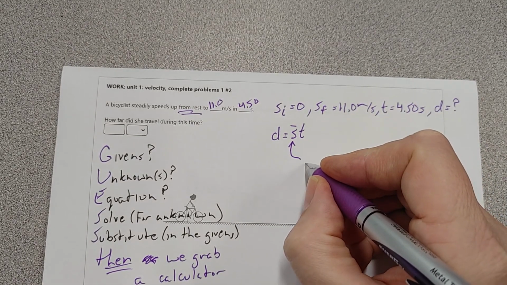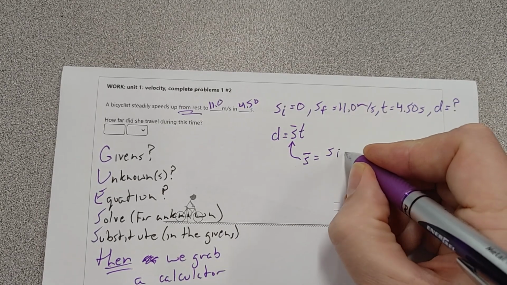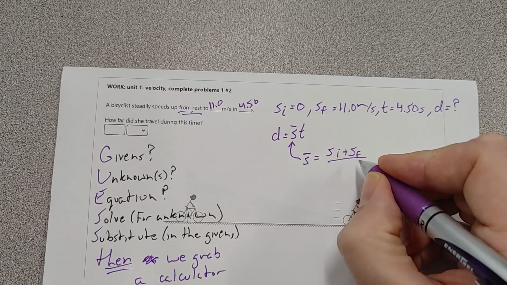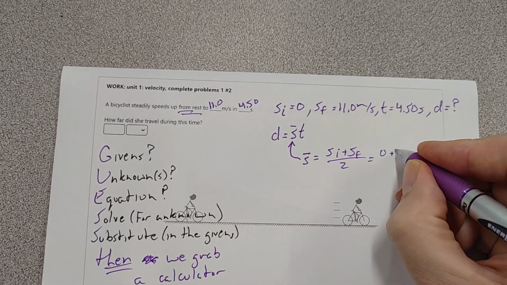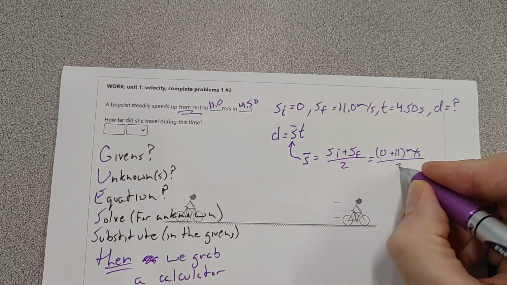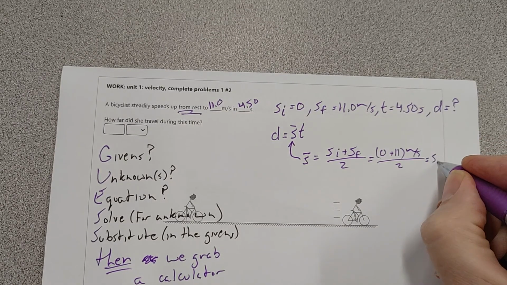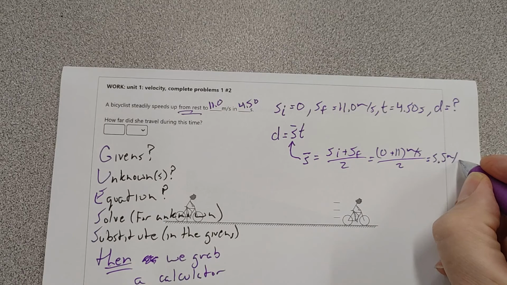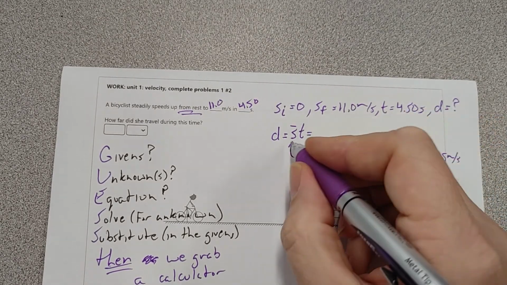So I've got to have a second equation. My average speed is equal to my initial speed plus my final speed divided by 2. So that's 0 plus 11 meters per second divided by 2, and I end up with 5.5 meters per second.